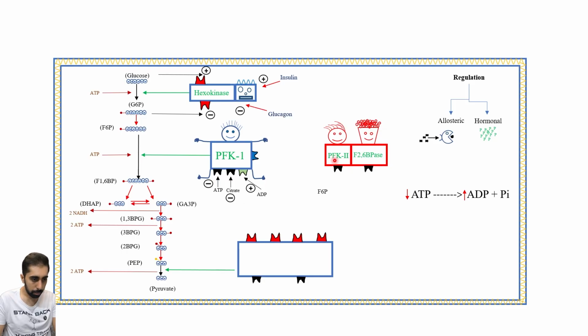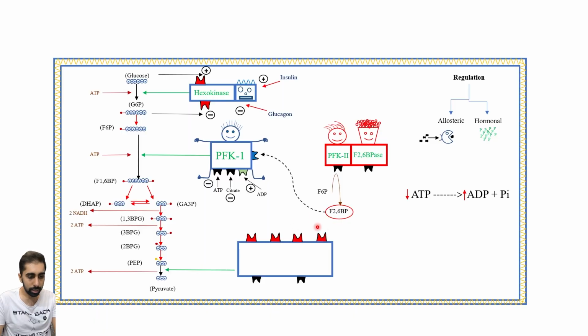In the first step, we're talking about PFK2. Fructose 6-phosphate, which comes from here, can turn to something we call fructose 2,6-bisphosphate. Fructose 6-phosphate turns into fructose 2,6-bisphosphate because this is a kinase enzyme. Kinase enzymes add another phosphate group to molecules, and fructose 6-phosphate turns into fructose 2,6-bisphosphate.